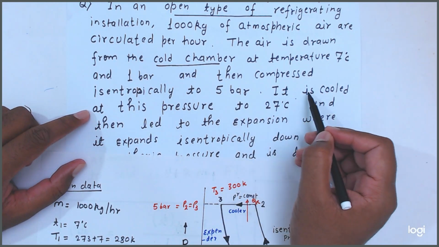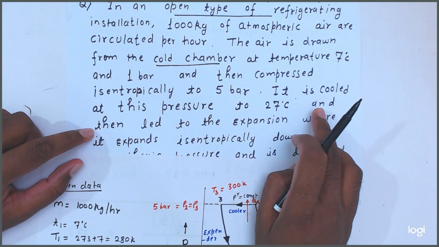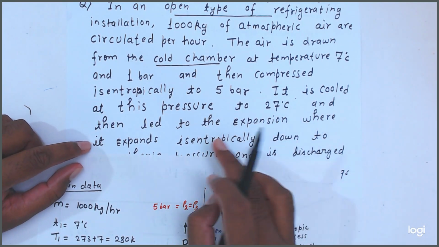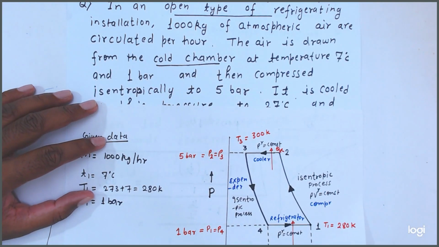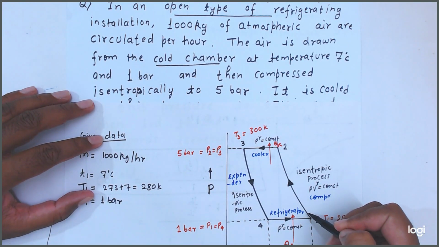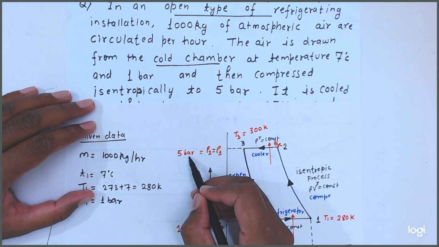It is cooled at this pressure to 27 degrees centigrade and led to the expander where it expands isentropically. Friends, it is saying that first it has been compressed from point 1 to point 2, so this pressure is equal to 5 bar.